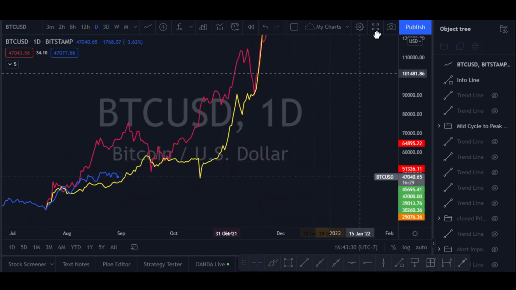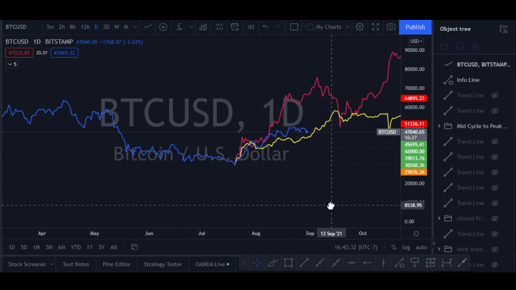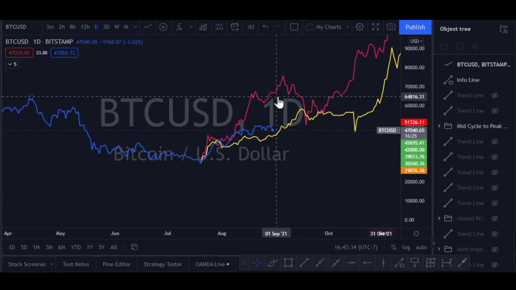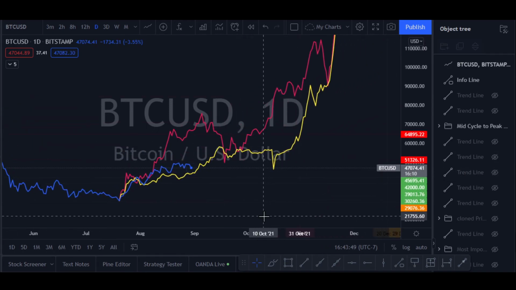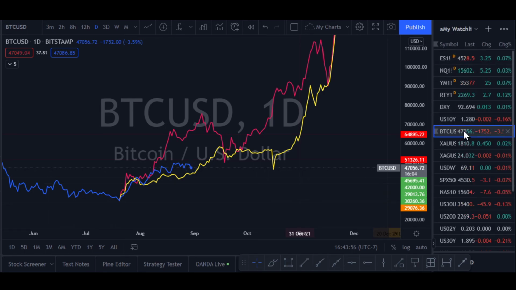And so which price action we're following is going to matter, because if we were to follow more of the 2017 price action, then we could see our new all-time high a lot sooner than if it's in the 2013 cycle. And all this is to say that Bitcoin is doing what Bitcoin has done the last two cycles, and there's nothing to worry about, even though if you look here, we are down $1,700.